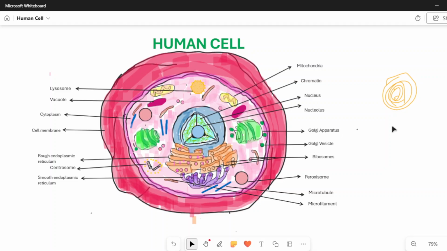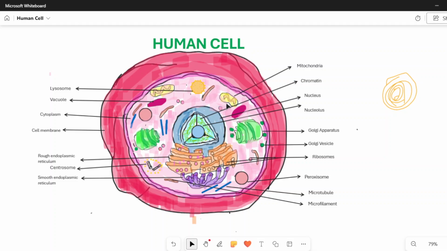Hope you have understood so far. Now the reason why we are studying this human cell is that it will be very useful to understand at the microscopic level. So, for example, if the mitochondria does not work properly in the cell, as I told, the cells will not have the necessary energy to work, and it will lead to the cell's death ultimately.